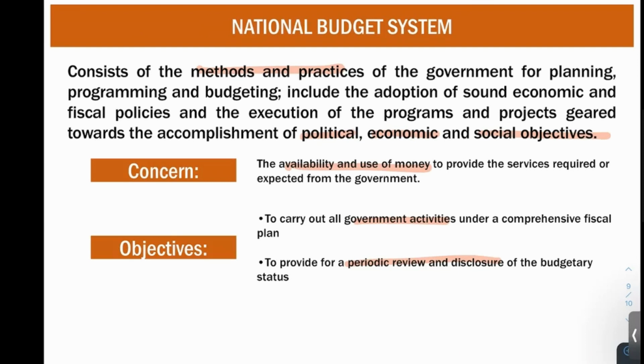Accountability as to those responsible for the management of the funds or resources of the government, and management as to the proper management of the budget and the funds or resources.